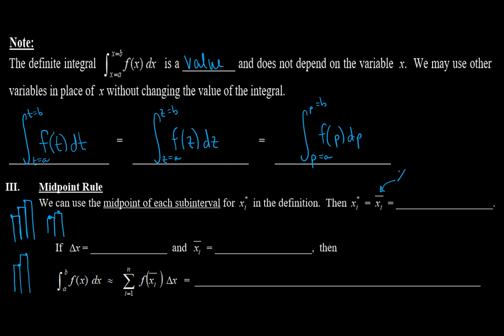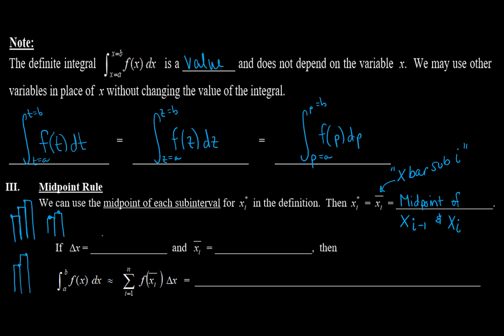So this thing right here is called x bar sub i. That bar over the top means average. The midpoint is an average. So this is x bar sub i, and this is the midpoint of an interval, the midpoint of any interval between x sub i and the one below it.